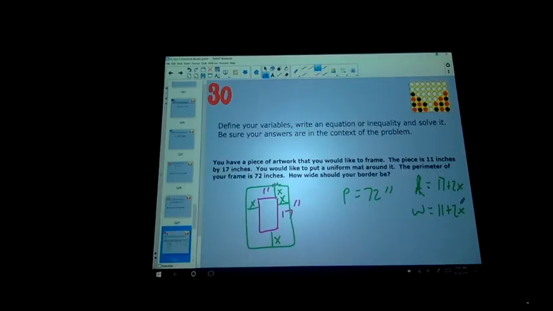We know the perimeter equation is 2L plus 2W. So 72 is equal to 34 plus 4x, if I multiply that times 2, plus 22 plus 4x.